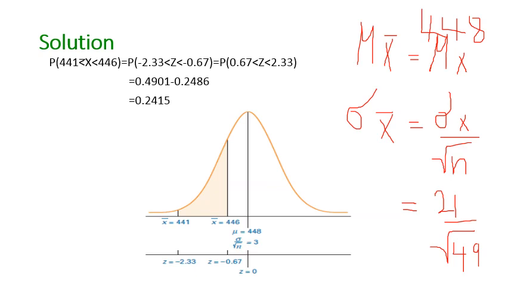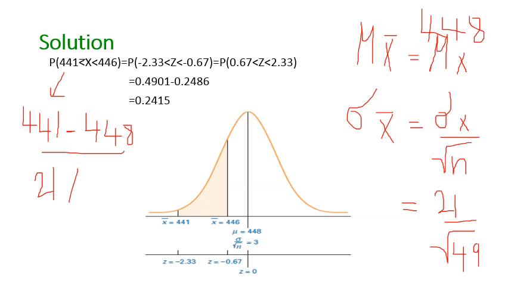So from the left hand side of the inequality, from this value 441, I need to subtract 448, and then I will divide this by 21 over square root 49.